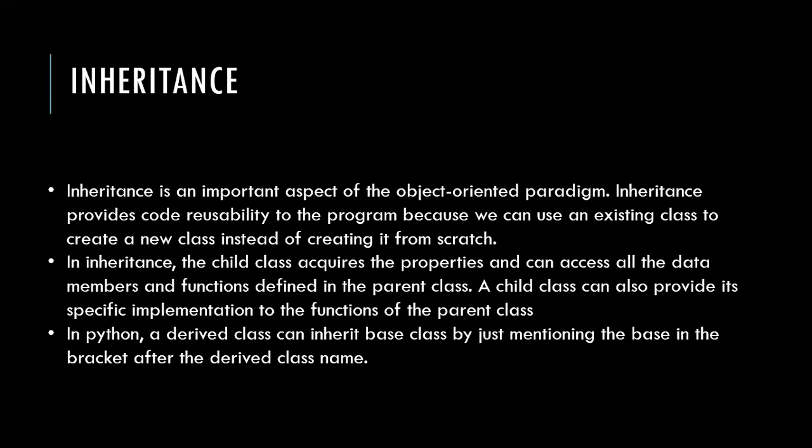So I don't need to buy a house and a car. The same thing I can use, right? The same concept applies here. If some functionality is there in one class, in one application, some functionality is there.